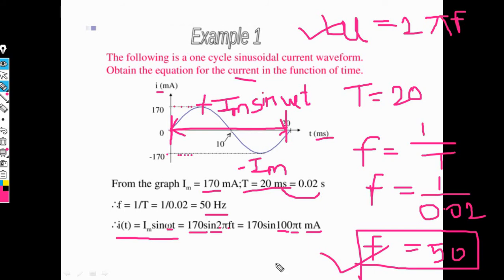That means the final current of the one-cycle sinusoidal waveform is i of t is equal to 170 sine of 100 pi t, and this sinusoidal current is measured in milliamperes. This is the important problem based on the sinusoidal current waveform.